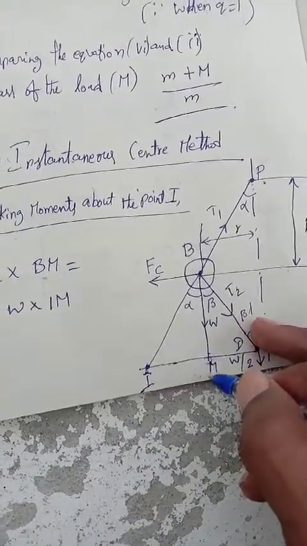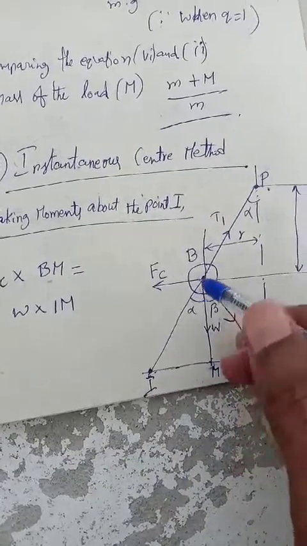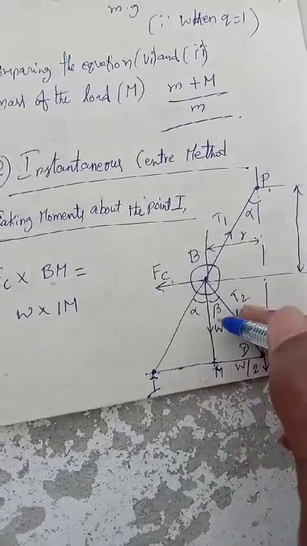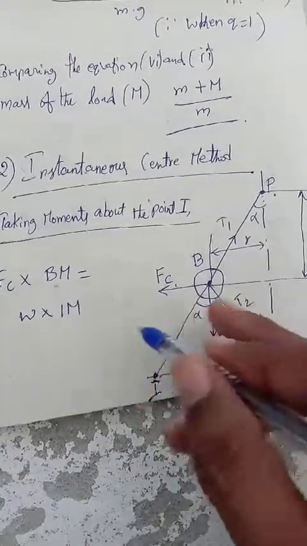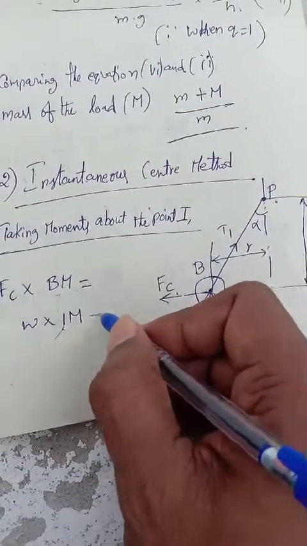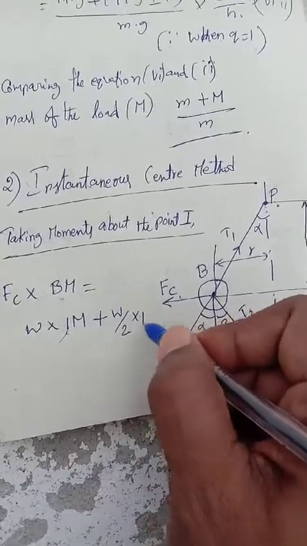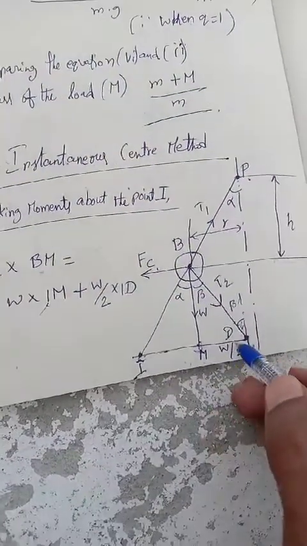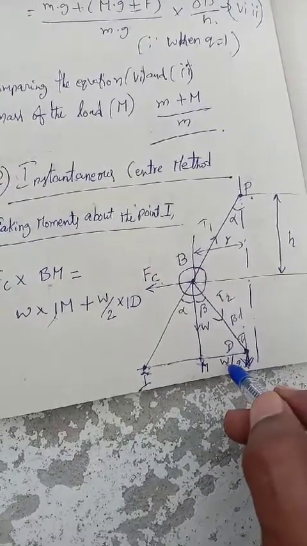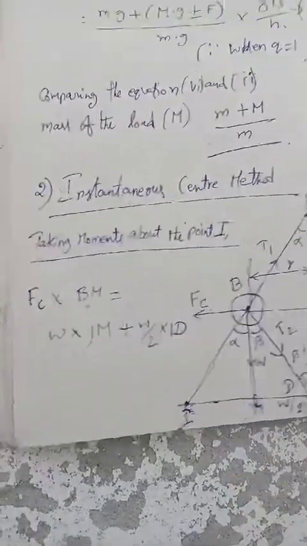The force is acting like this, horizontal, this is the perpendicular force. We take only perpendicular forces. BM is the perpendicular distance for FC, IM is the perpendicular distance for W, and then plus W by 2 into ID. This force is acting downwards, W by 2. The distance is DI. Like that.